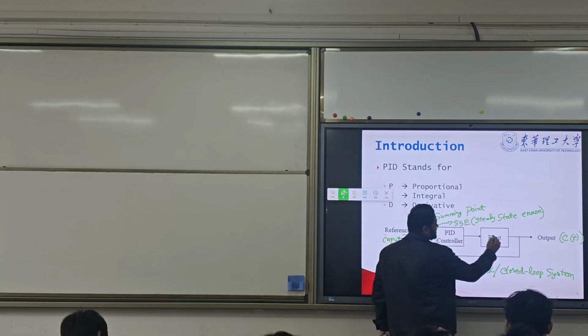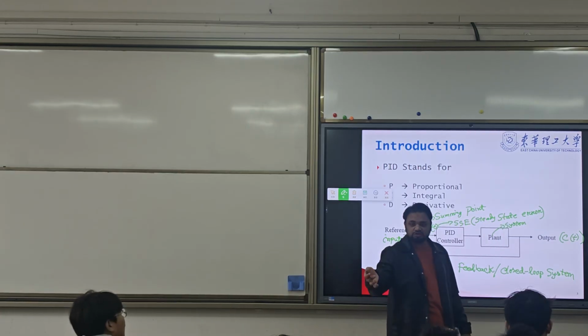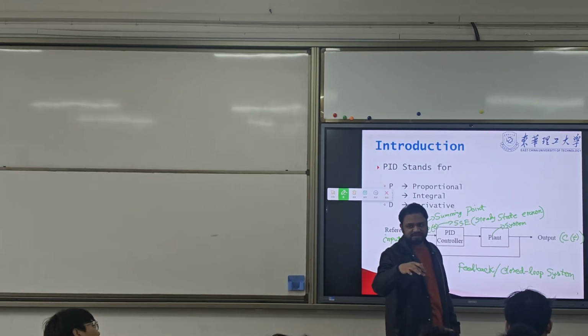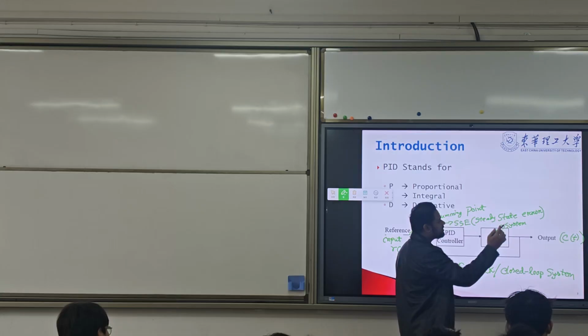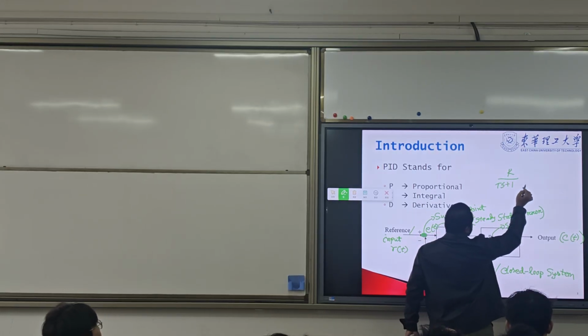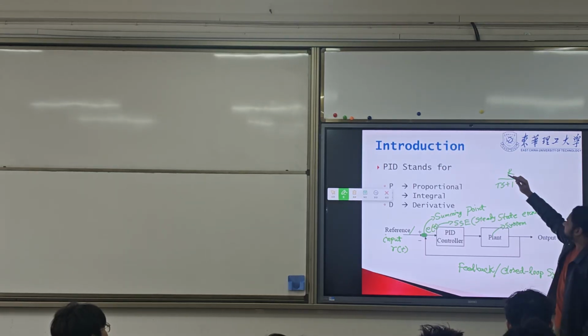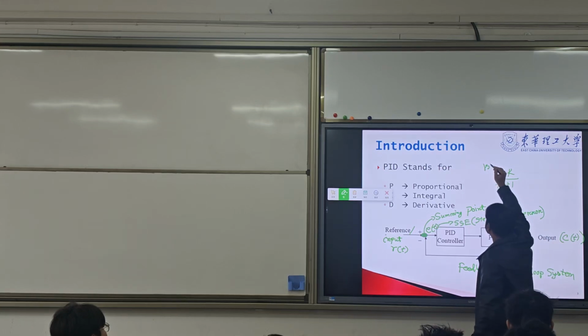What is the plant? It is a system. We know that, right? It can be a first order system, it can be a second order system, anything. Like this, K by Ts plus 1. What is this? This is a first order system.